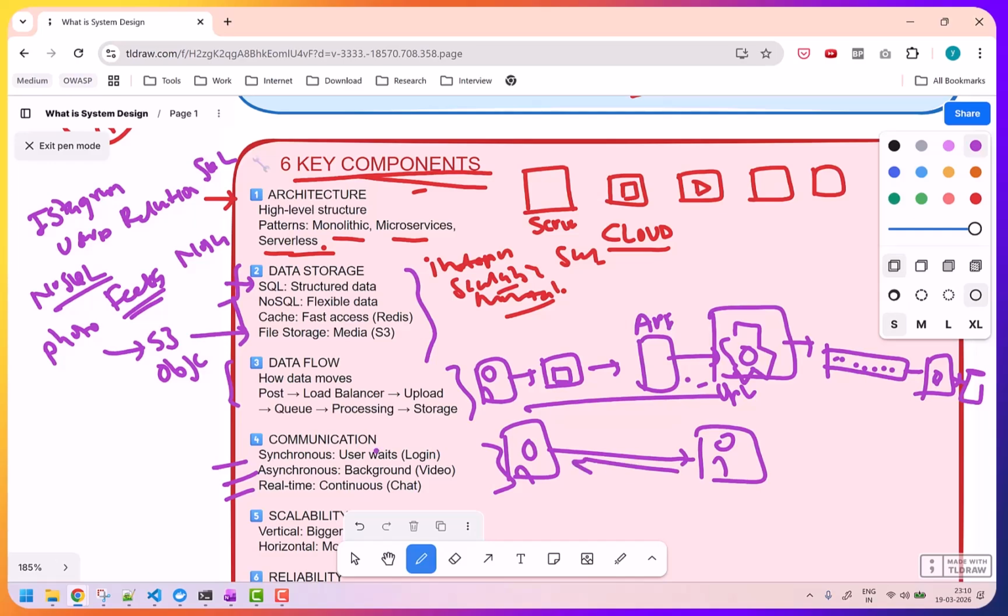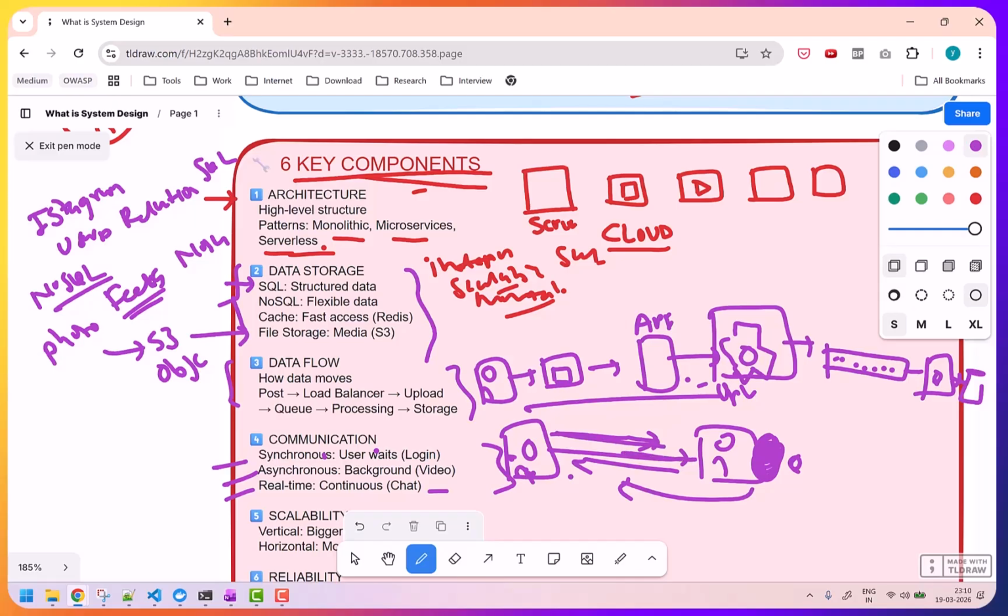That is synchronous. Second, you are sending, but you are not waiting for the response. In the background, it might be processing your message, and once it is finished, it might respond to you, and later on you will see it. That is asynchronous communication. But I will not wait by that time. I will start doing another task. But in synchronous, as soon as you send a message, you keep on waiting for the response.